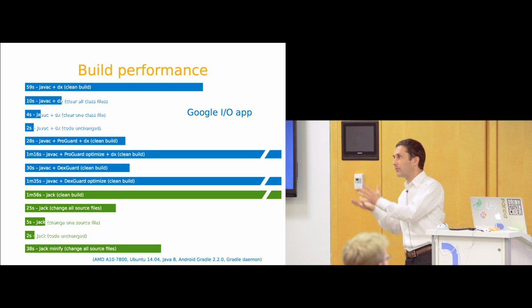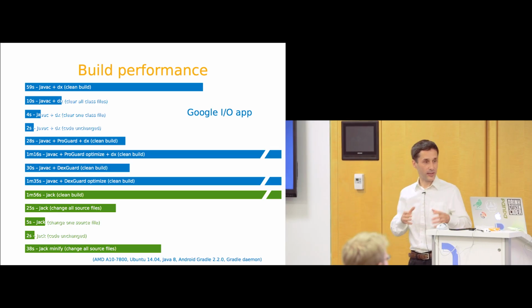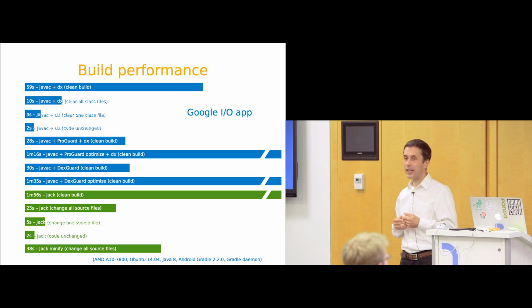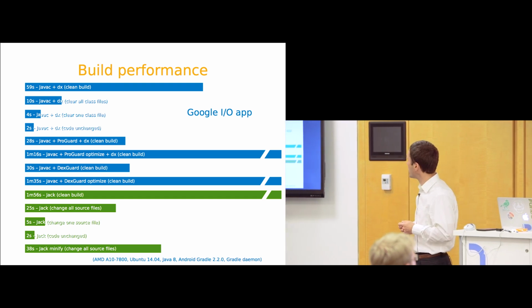So that's a lot of theory. I've then done some experiments. This is the final part of my presentation, where I'll show what you can expect if you run Jack and Jill or the various other compilers on your app. For that purpose, I've taken the Google I/O app and I've compiled it in various ways.